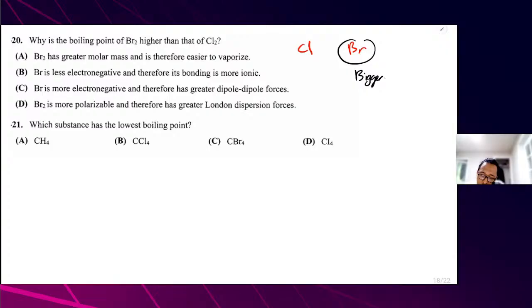Br is less electronegative and therefore its bonding is more ionic. Br is more electronegative. If we are looking at the electronegativity, Br2 and Cl2 are both non-polar, right? So not ionic.